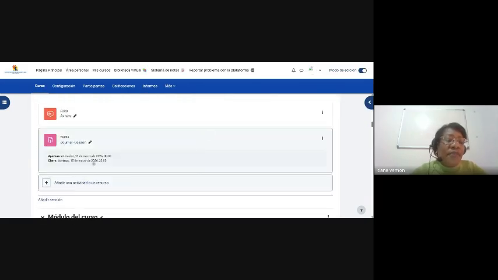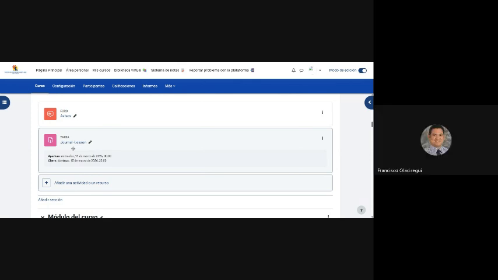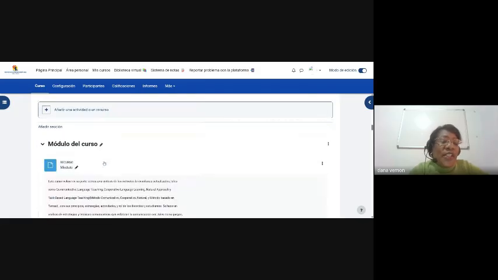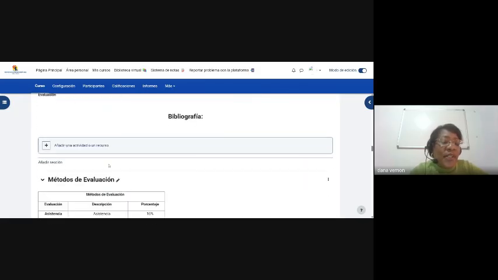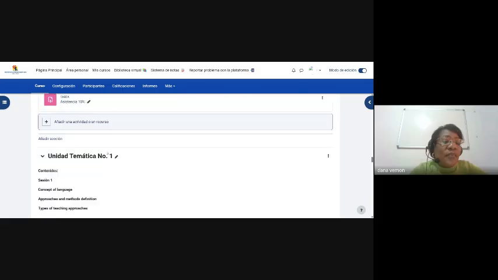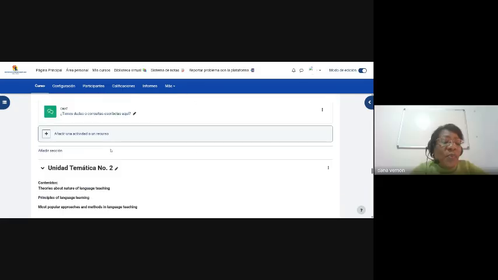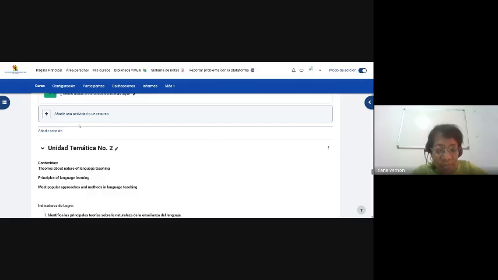You can see the first journal. I have to change the date. Okay, you upload it. You have to do the capture. In each tematica, for example, here we have tematica number 1. You're going to upload 2 tasks there.